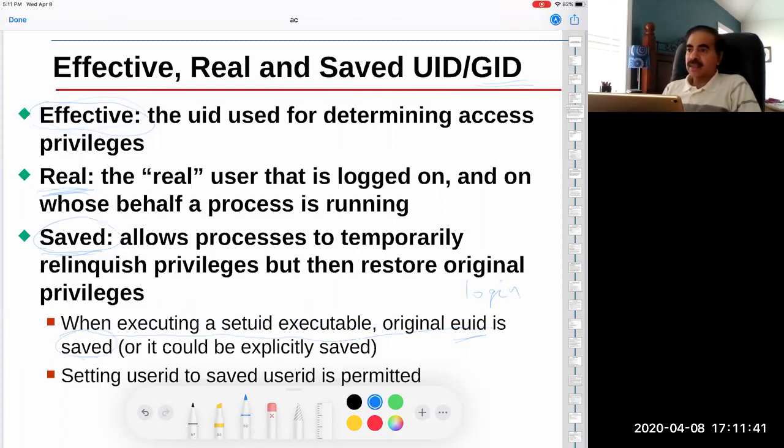So that's how it works. And when a process executes something, the user IDs remain the same, except when the file that's executed is a setuid executable, in which case the ownership of the process will be changed to that of the owner of the file.